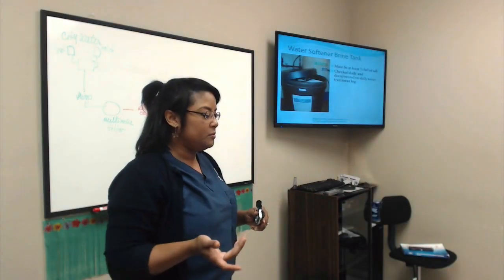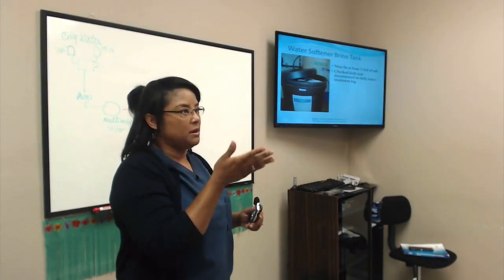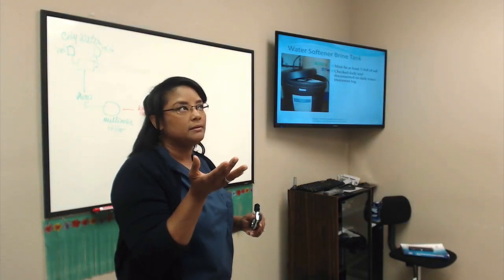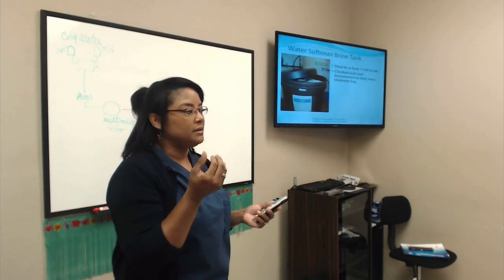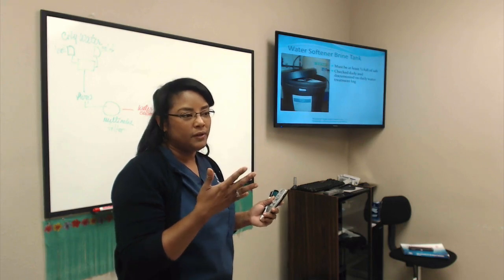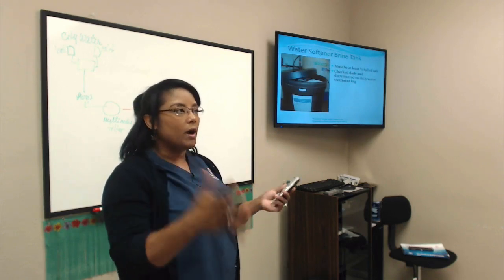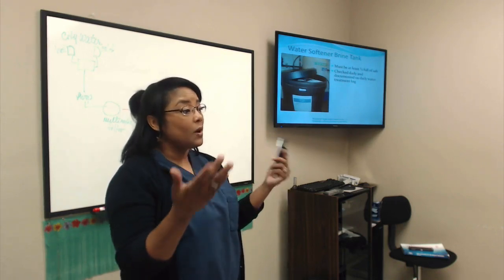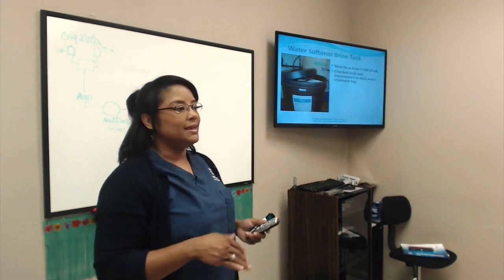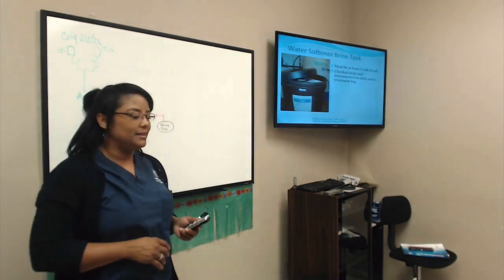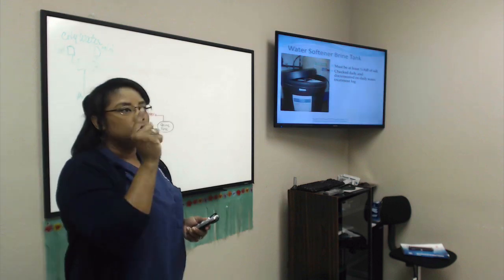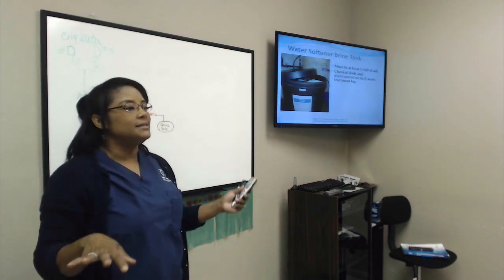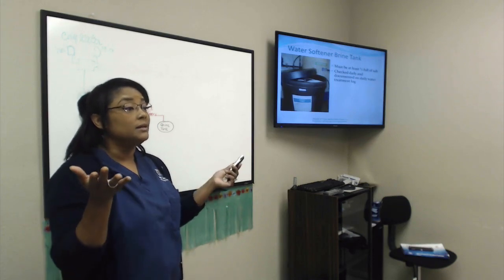I've been in my current home since 2008, but about a year and a half ago I wanted a softener, so I went to Sears. They had a special, and I ended up buying one for $800.